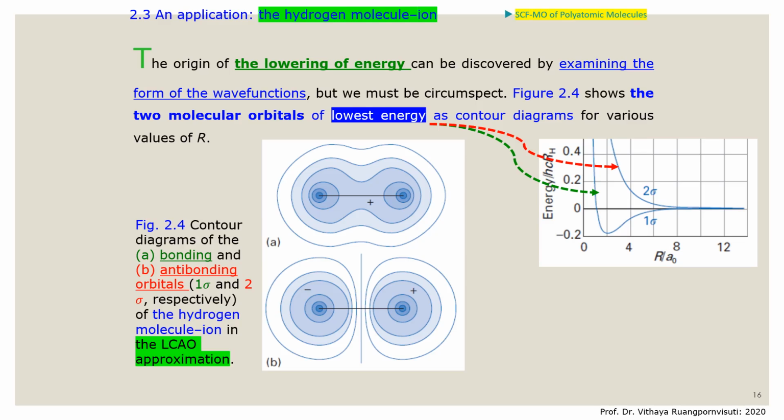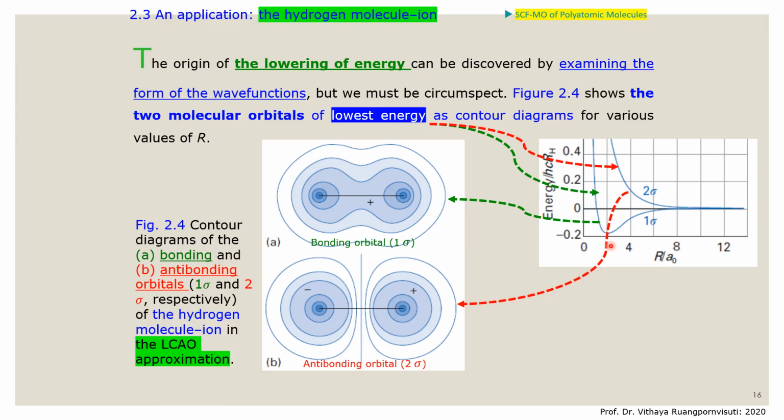Figure 2.4 shows the two molecular orbitals of the lowest energy as the two curves, the 1 sigma and 2 sigma potentials. The first is the bonding orbital, the 1 sigma orbital, which is stable with the lowest energy of the lowest curve.